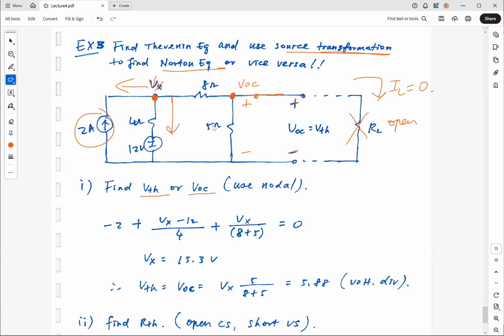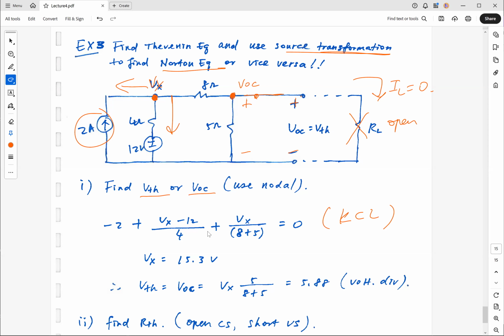Then plus Vx minus 0, I go all the way to 0, divided by the sum of 8 and 5, so Vx divided by 13. So 3 branches, sum all of them to 0. This is based on KCL because we are doing nodal analysis.